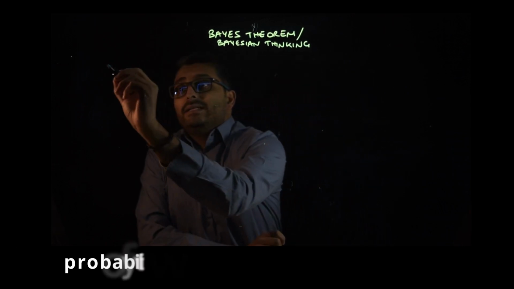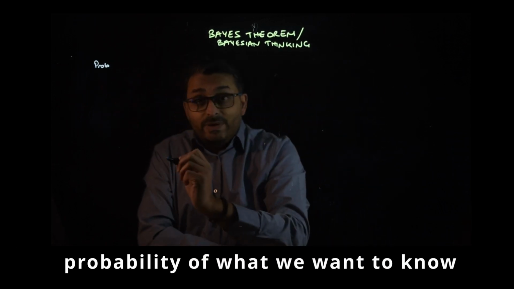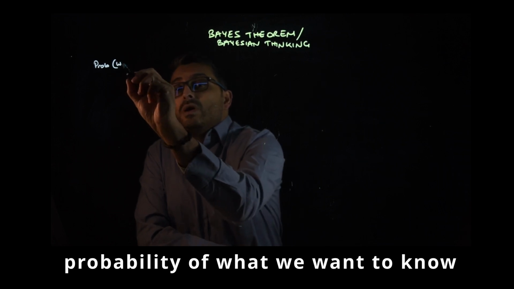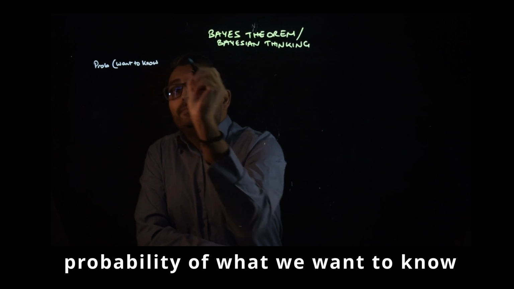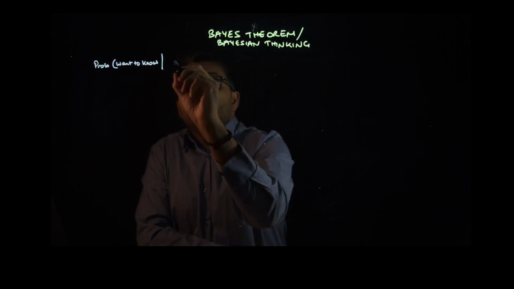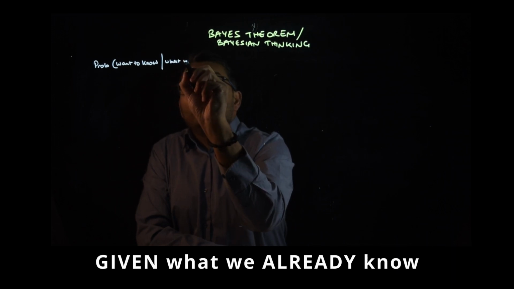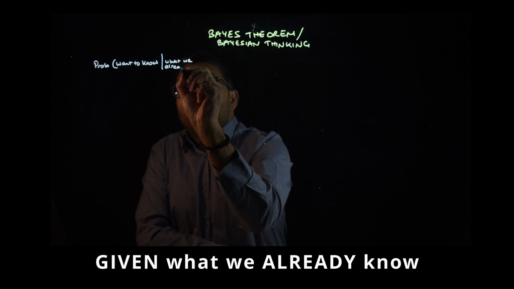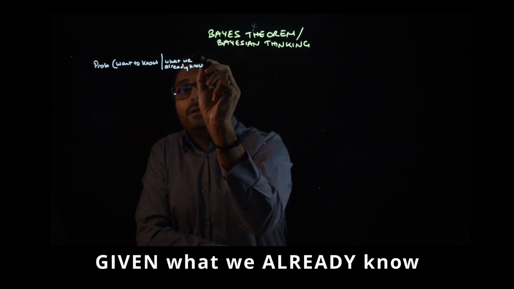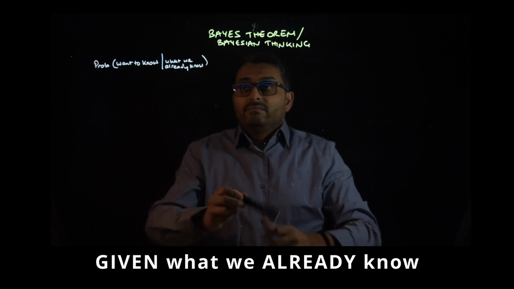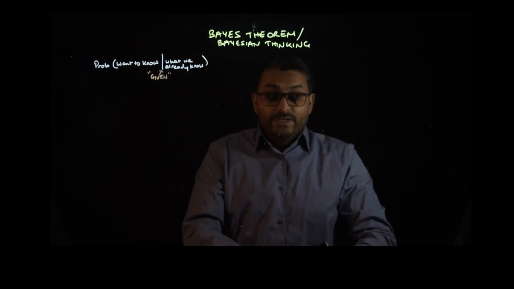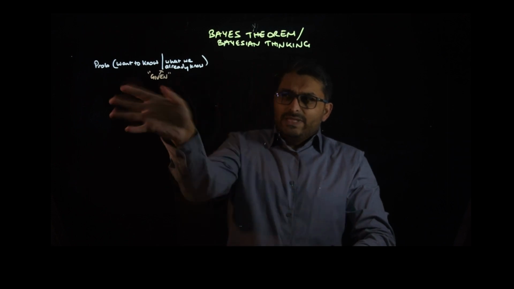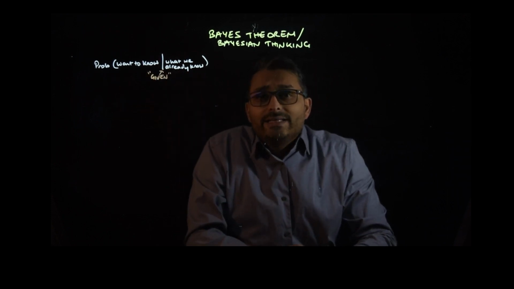So, in essence, it's the probability of what we want to know given what we already know. And this line here represents the word given. Now, it looks a bit complicated, but let's work through a scenario.